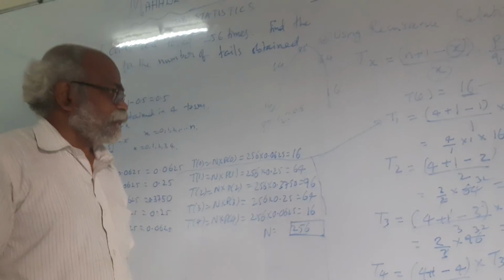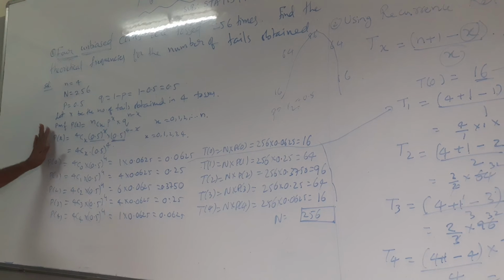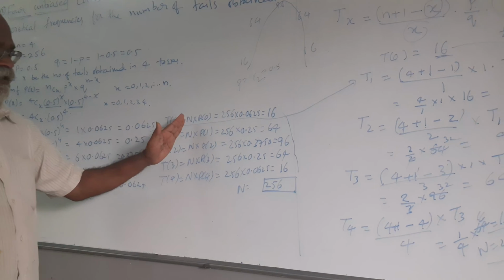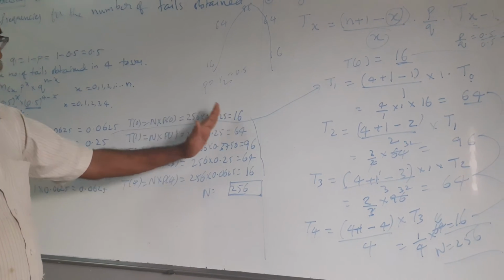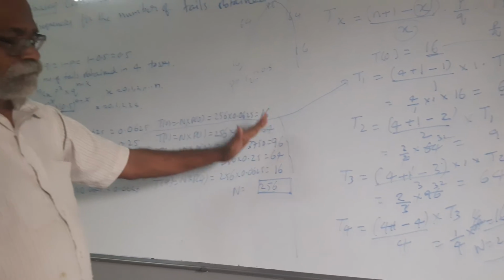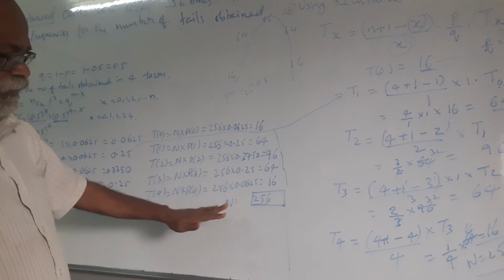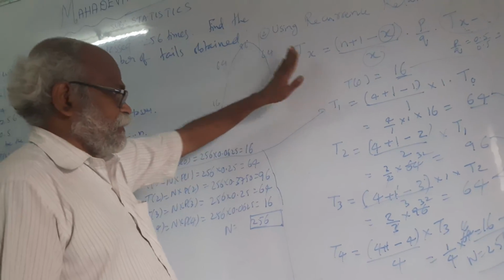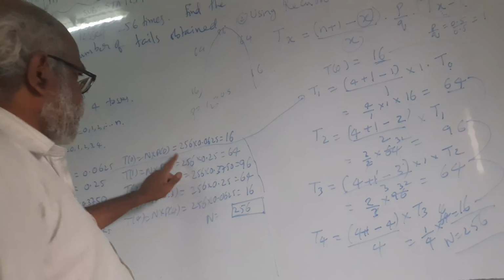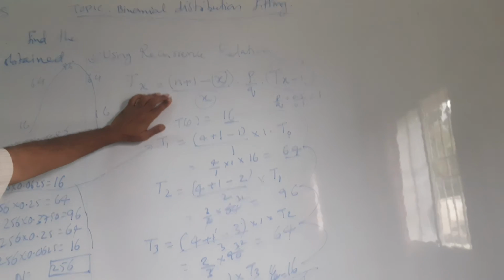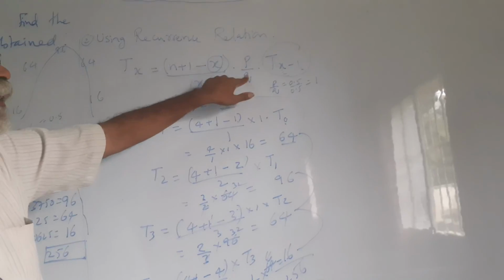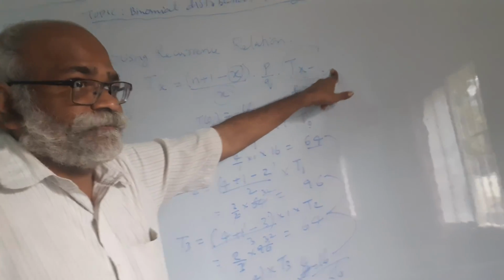Find the probabilities to get frequencies, then finally add up those frequencies, the total should be equal to capital N. Or use the recurrence relationship: after finding the T0 value, you go for the recurrence relation, Tx is equal to n plus 1 minus x divided by x into p by q into Tx minus 1.